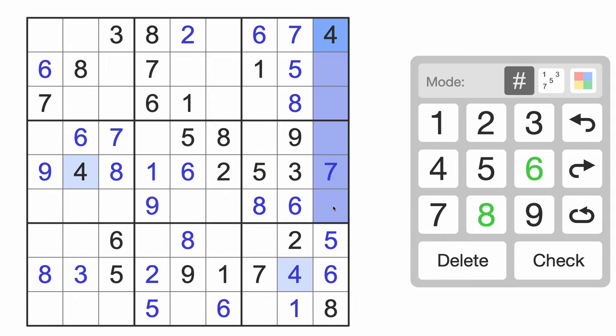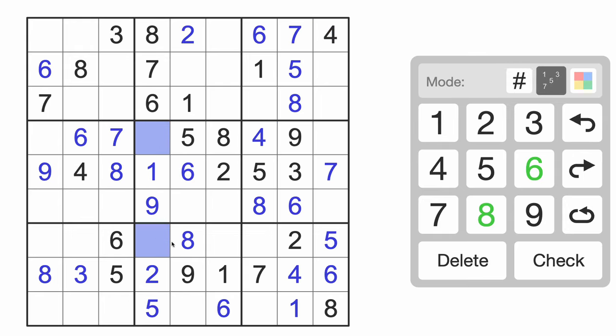And this 4 blocks these, gives me 4 here. This column 4 is missing 3 and 4. So 4 here just made this cell 3, and that gives me 4 here.